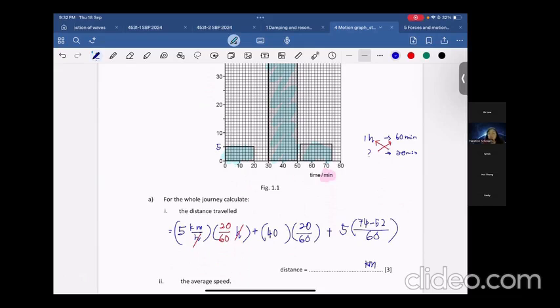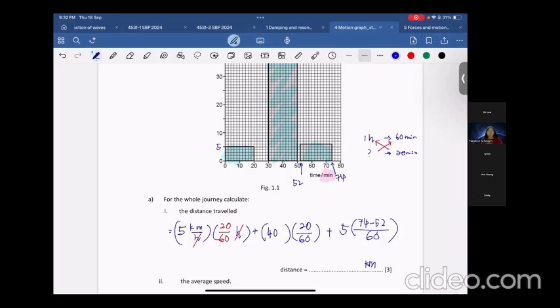How about others? Only Hui-Tong get the answer. How about others? Okay.